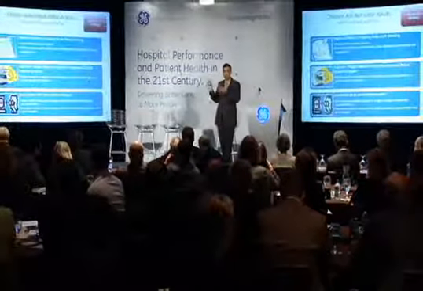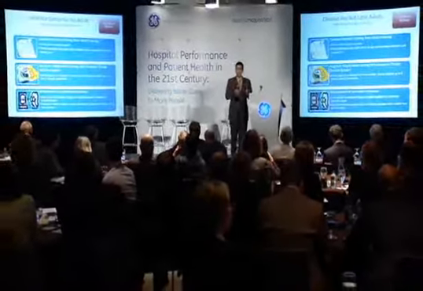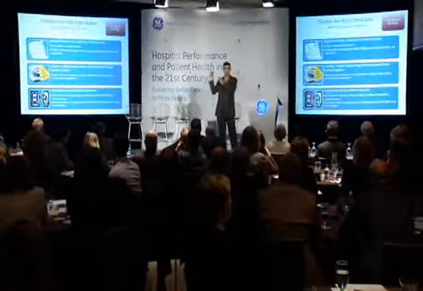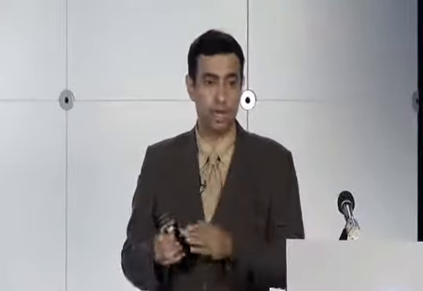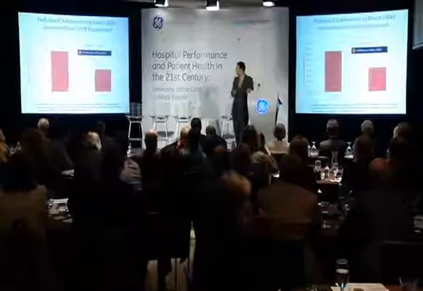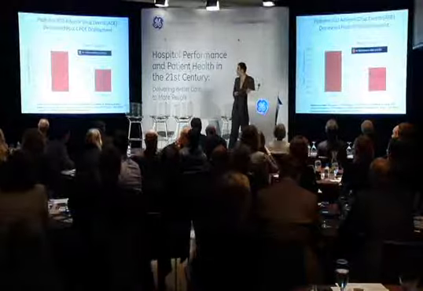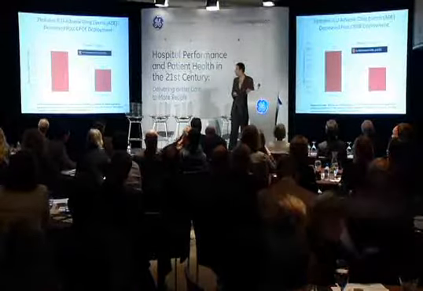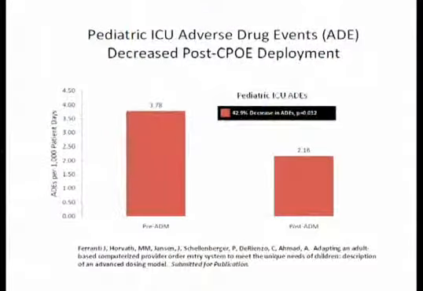For example, a 90-pound 4-year-old is very different than a 90-pound 16-year-old. And you've got to understand, and systems can make that calculation for you, how you need to dose and drug these patients. And here was an example in our pediatric ICU, a similar reduction in ADEs, again using the same supposedly off-the-shelf system, but putting measures around it.